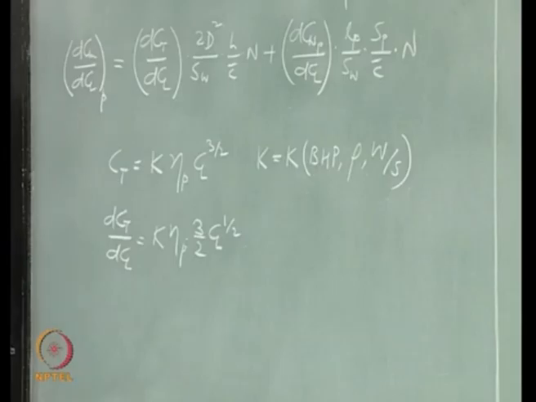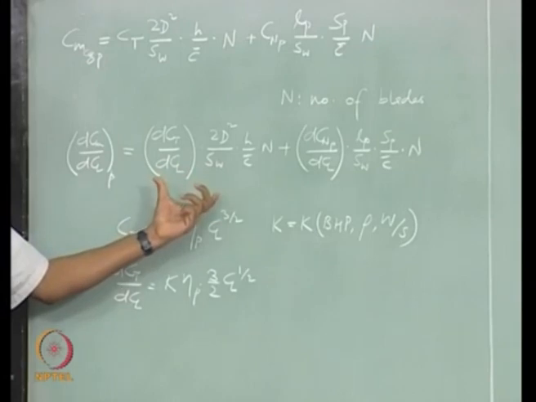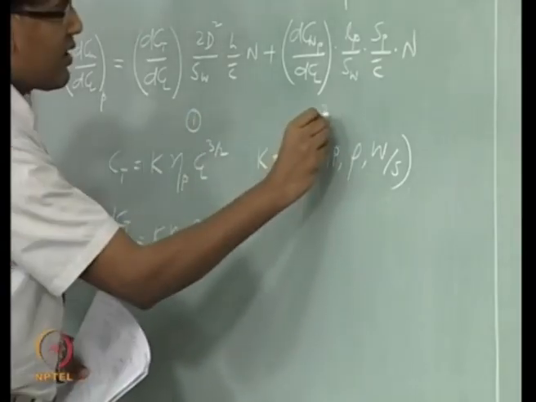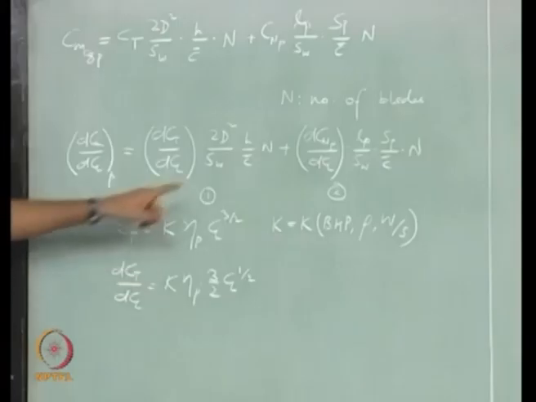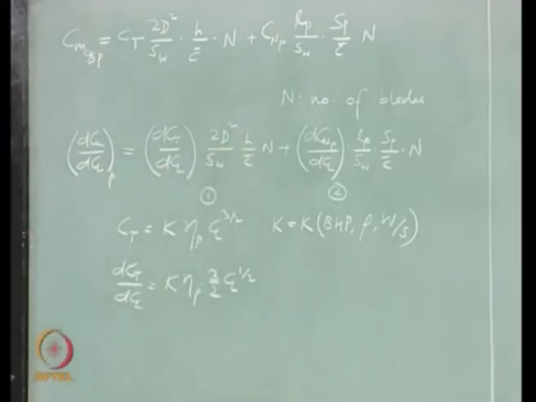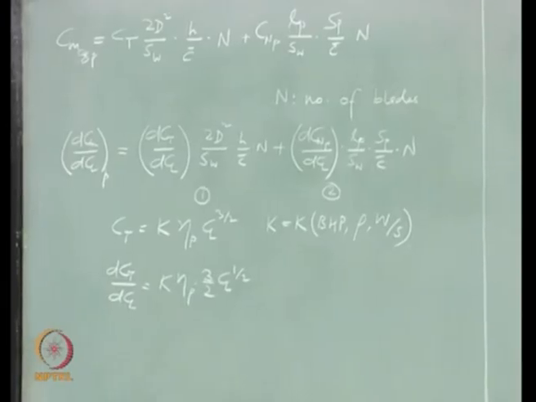So what effect is this term going to have on stability? Call this 1 and 2, destabilizing, but it will depend upon h, right. If h is positive, means what?